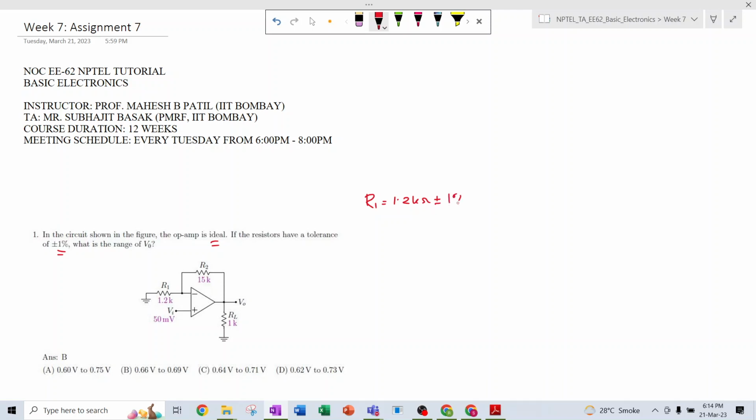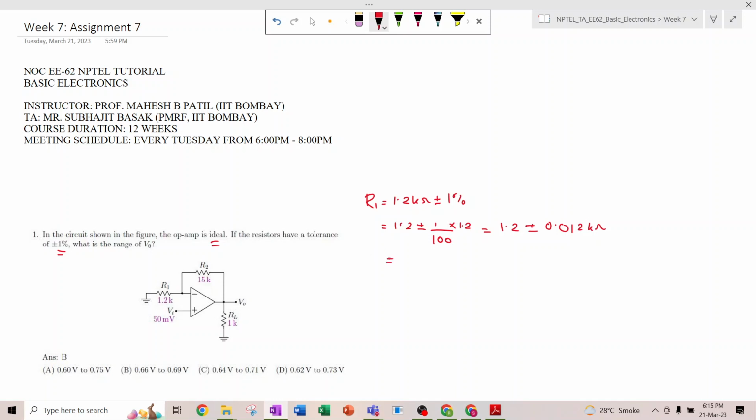So plus minus 1% of 1.2 kilo ohm, that means 1.2 plus minus 1 by 100 into 1.2, which is 0.012 kilo ohm.